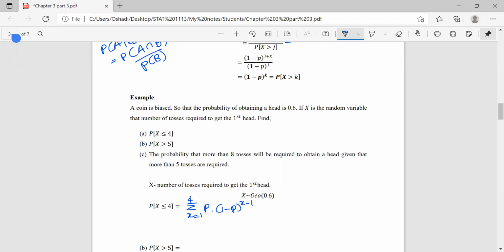You can use that equation, or this is the same as writing 1 minus the probability of x greater than 4.